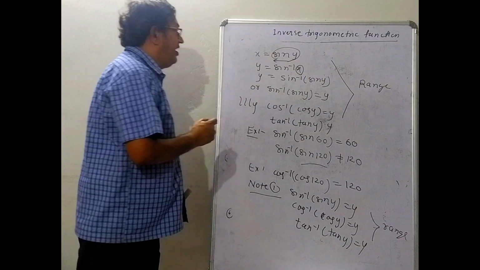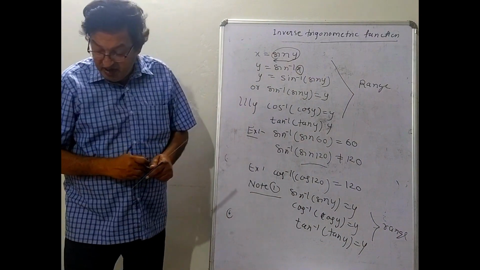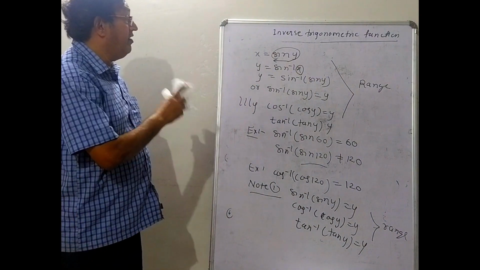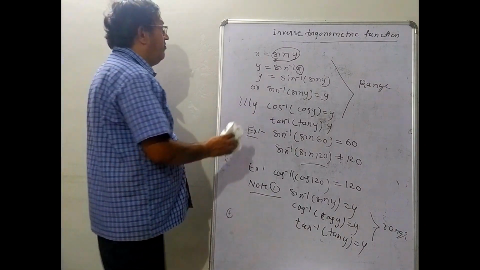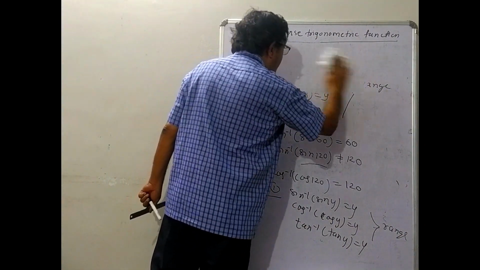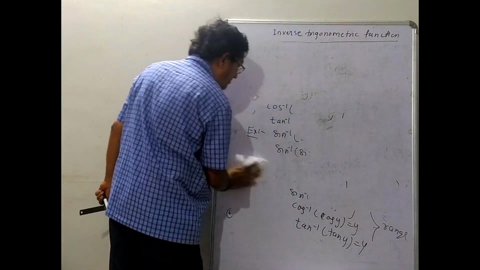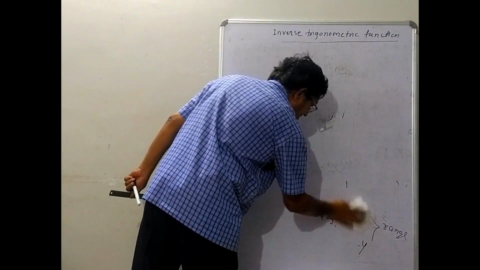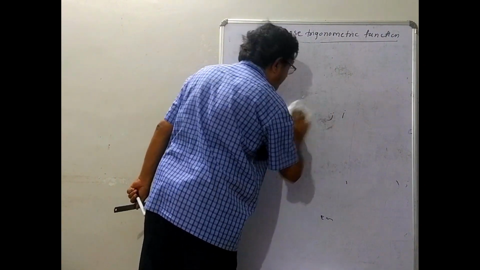So if you remember the range, you can make use of this formula, and this helps you to calculate the sums. This is your note number 1. Then one more important note I will give you, that is for domain.